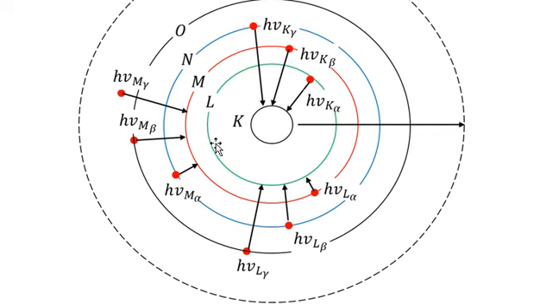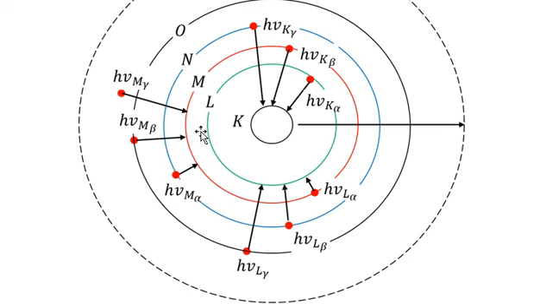Now suppose that you have removed an electron from the L shell. That is, an L electron has been ionized. Then what will happen? The electrons from the surrounding orbits will fill the vacancy created in the L shell.